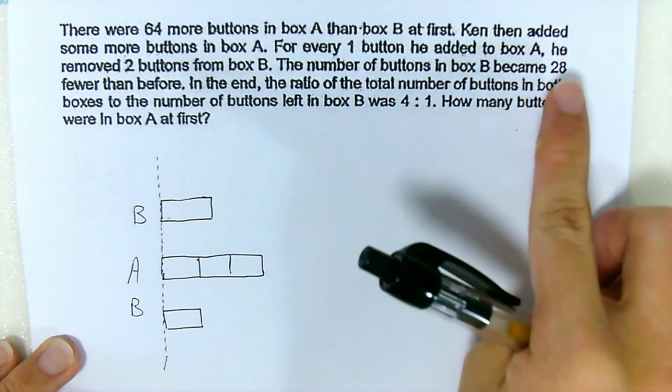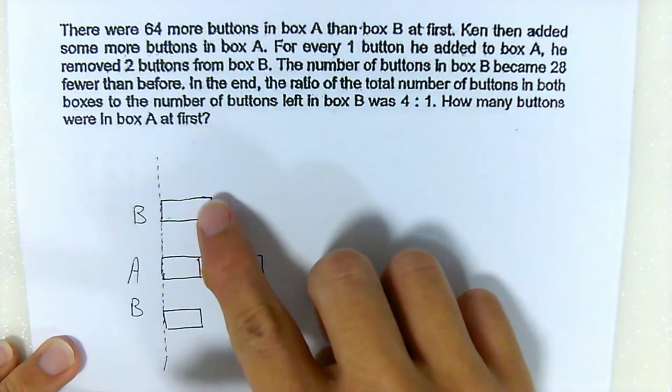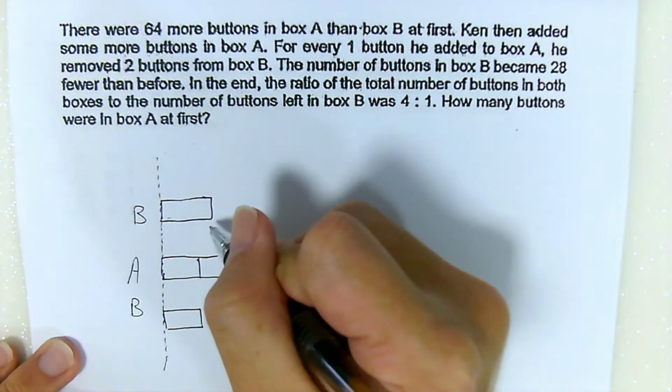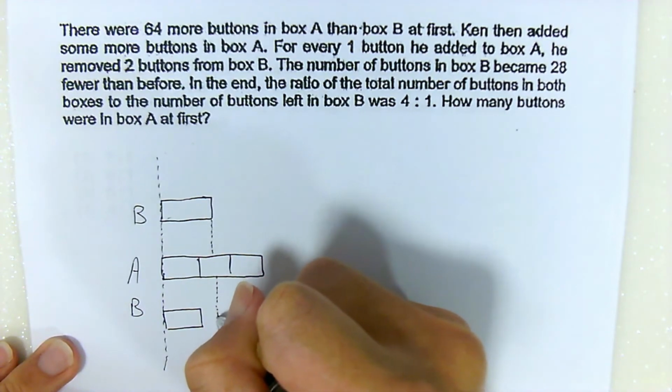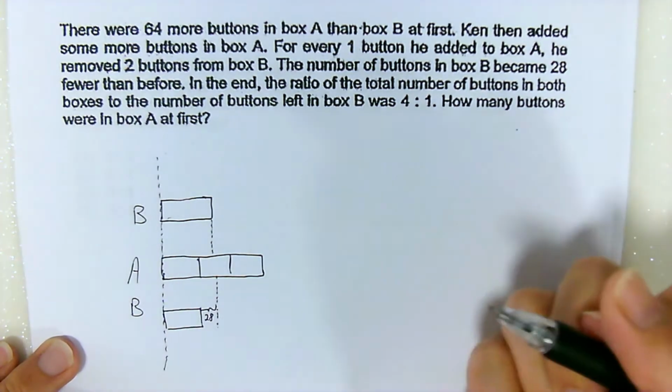They said that the number of buttons in B became 28 fewer, which means that the difference between the original B and the B at the end is supposed to be 28. So I'm going to draw a dotted line down to show that this is 28. This is the difference.